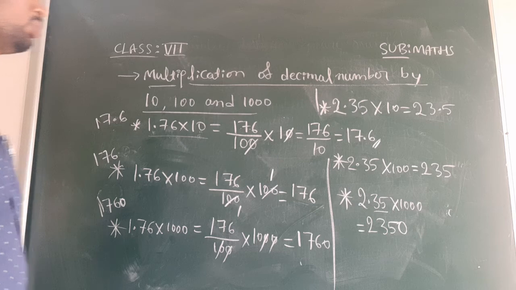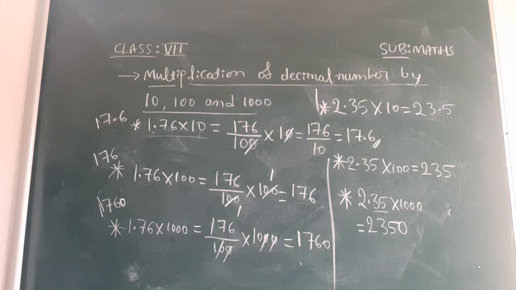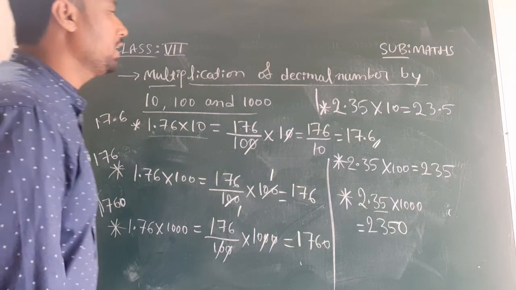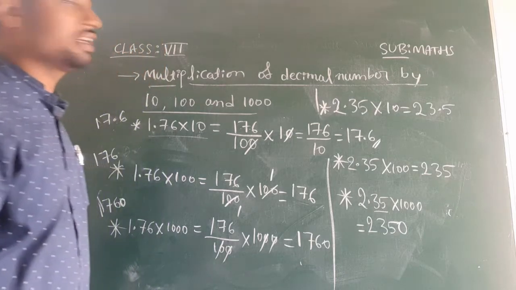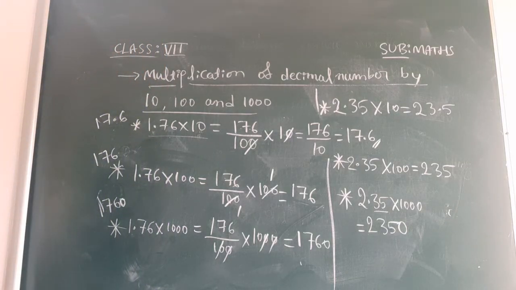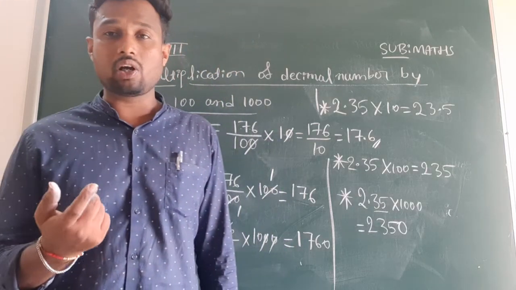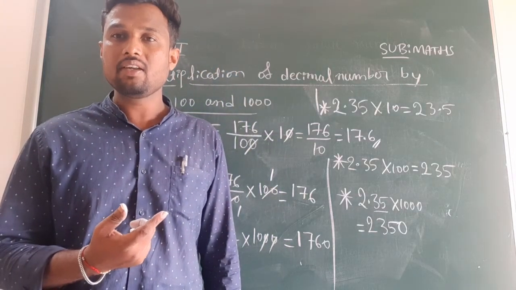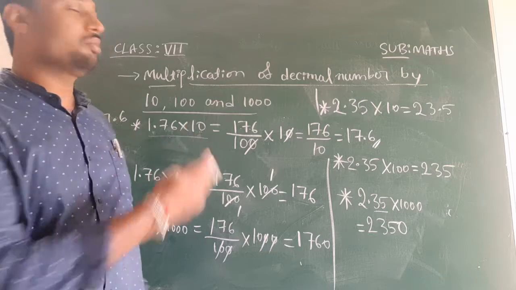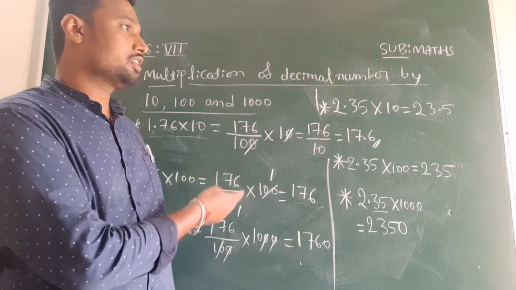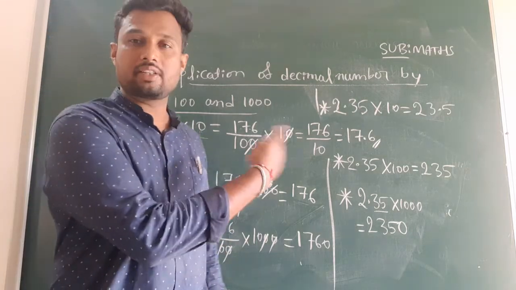So the answer is 2350. Okay. So this is how to multiply decimal numbers with 10, 100 and 1000. The only basic thing you have to remember is to count how many zeros you have, and in the decimal number move those many steps towards the right side.